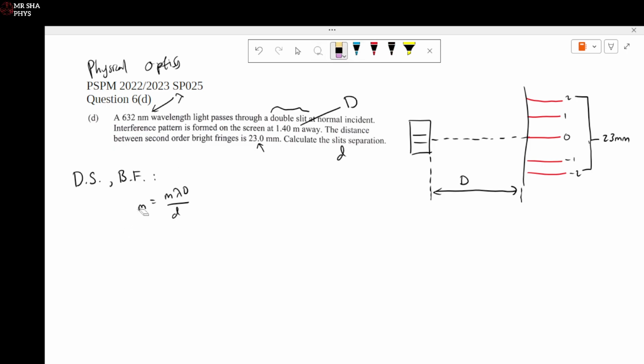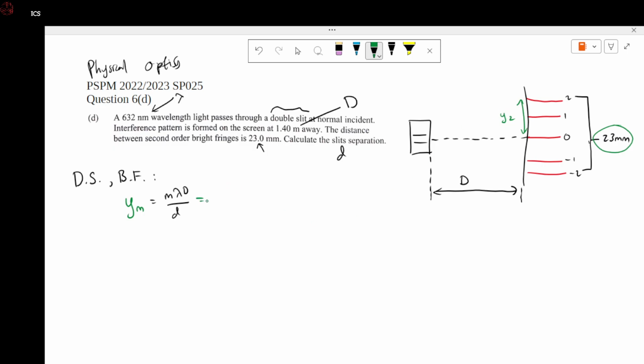Let me just change colors so that it's a bit easier to see. So what is this y_m? Well, for example, if I go to the second order, this is going to be y_2. Notice that this 23 millimeters is actually twice y_2.